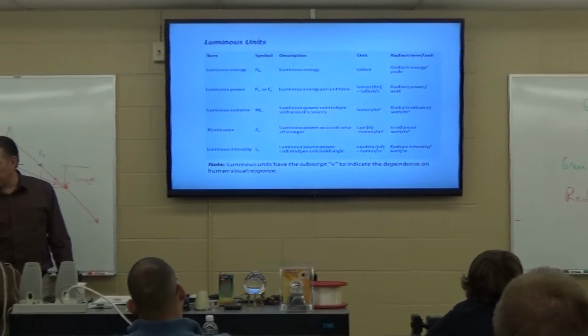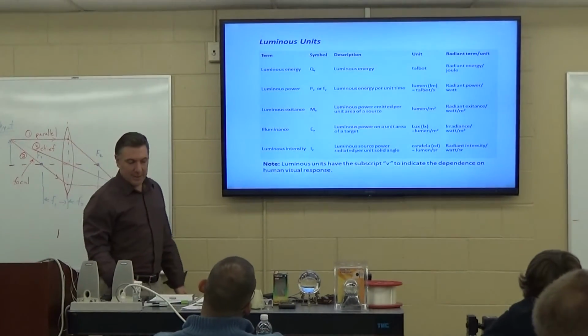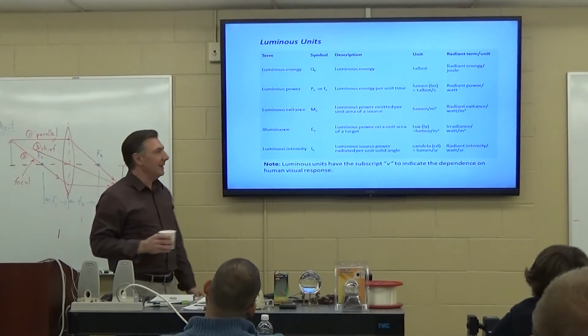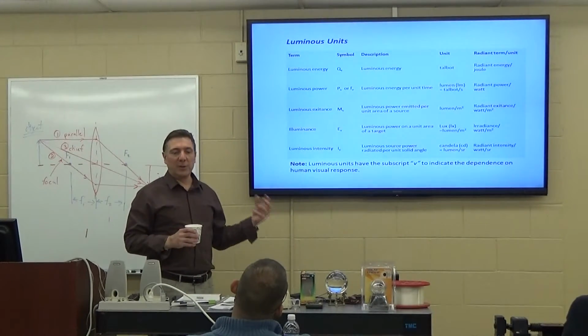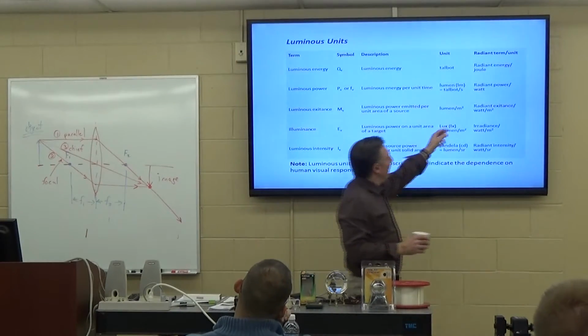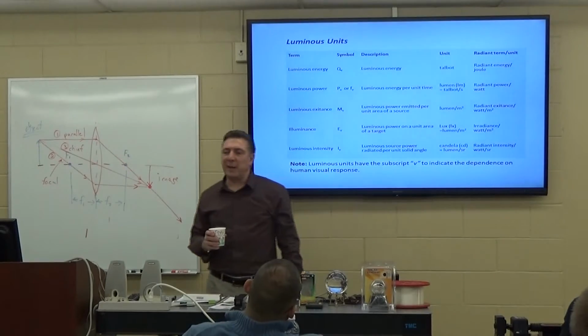So let's go back for a second to the luminous units, okay? Prepare to get bored again. So like energy in radiometric terms, in luminous terms, luminous energy is known as the Talbot. You don't see the unit of Talbot very often.